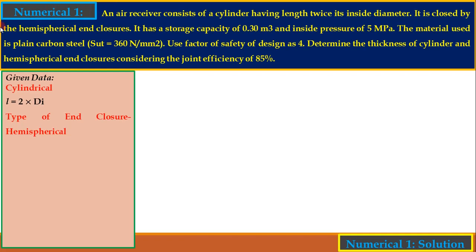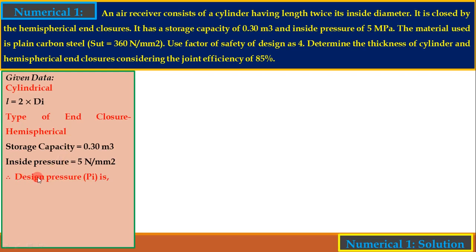It has a storage capacity of 0.30 meter cube, which indicates the total inside volume of this pressure vessel. The inside pressure is 5 megapascal, that is operating pressure 5 megapascal or 5 Newton per mm square. The material used is plain carbon steel. SUT is equal to 360 Newton per mm square.